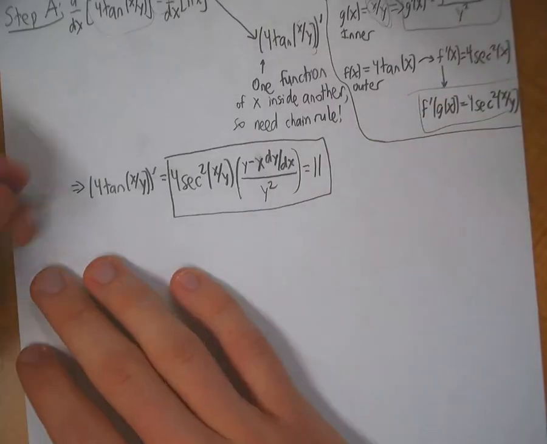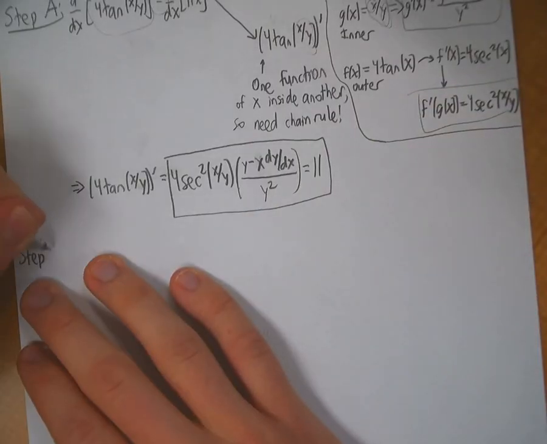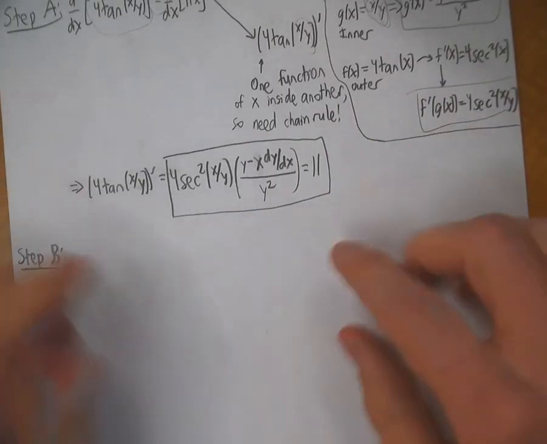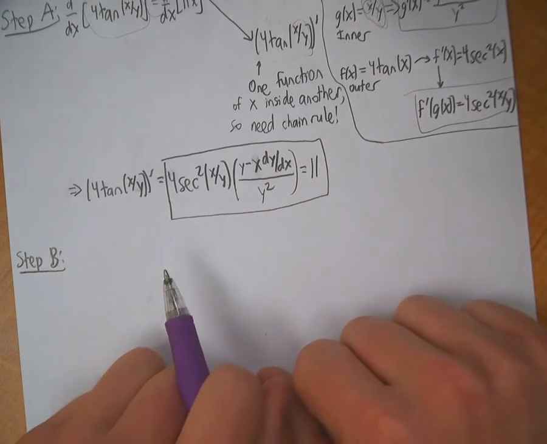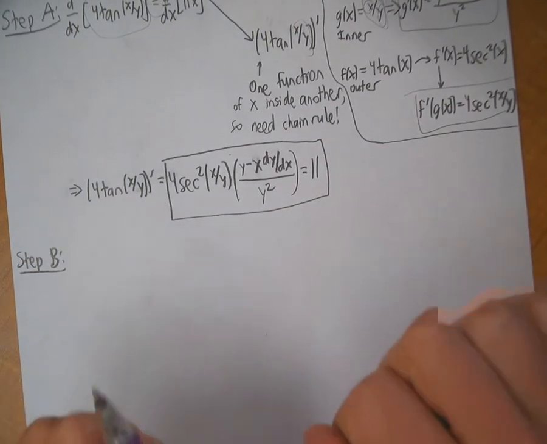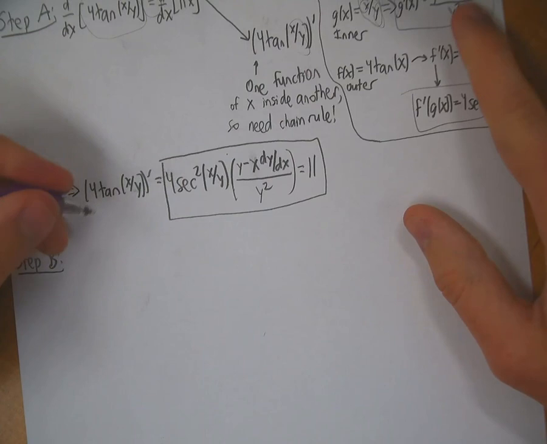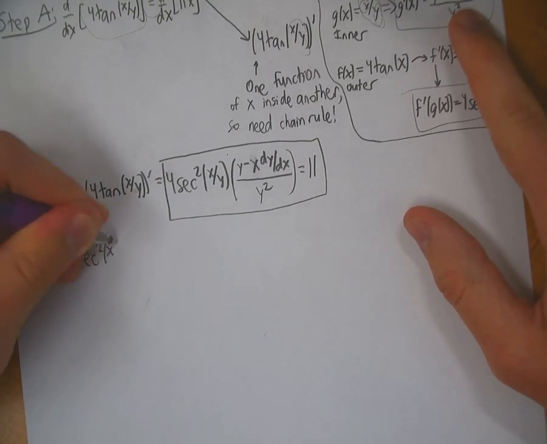Now step B: we just have to take this whole thing and solve for dy dx. Okay, let's do that. So we have 4 times secant squared of x divided by y.